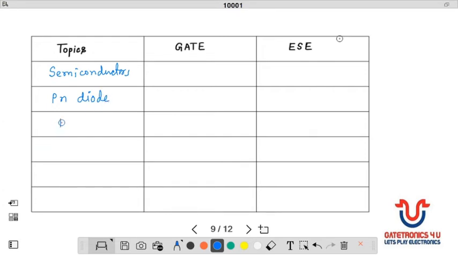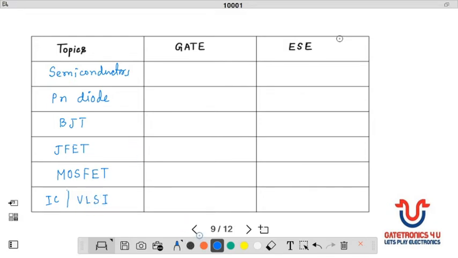Third topic will be the bipolar junction transistor. Next is the junction field effect transistor. Then comes the MOSFET, that is the metal oxide semiconductor FET. And after that comes the IC technology or the VLSI technology.